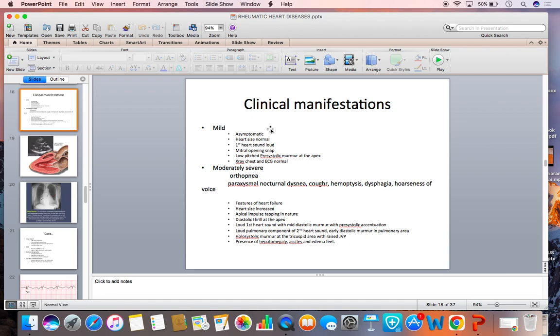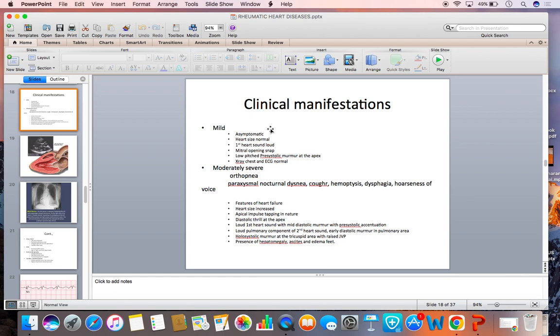When you auscultate the heart, the first sound is loud because of the tension generated in the mitral valve leaflets during the atrial contraction, followed by sudden closure of the leaflets, which results in the loud first sound.